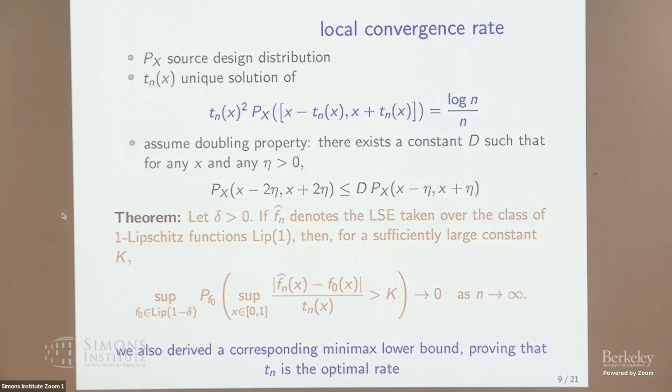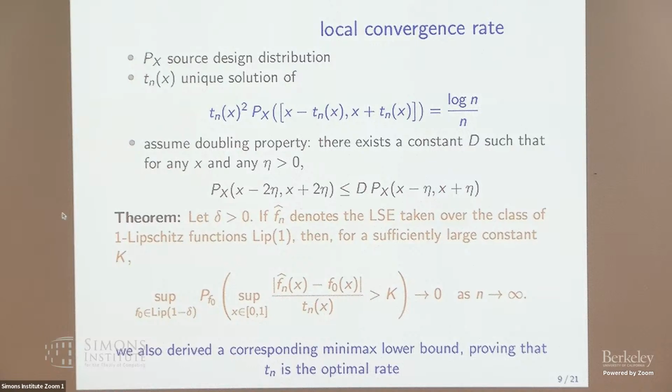And then you multiply that with tn squared, and you equate it to log n over n. So that has a unique solution tn. So that will be the local convergence rate that we can prove for this least squares estimator over 1-Lipschitz functions. And we also have to assume a doubling property of the design distribution, the source distribution.